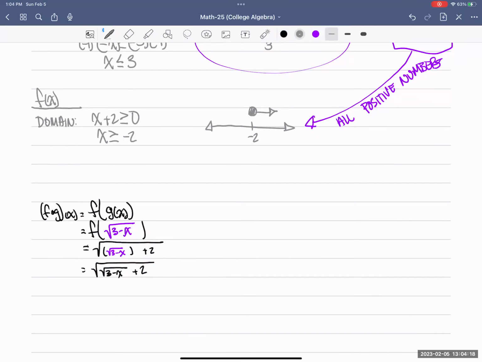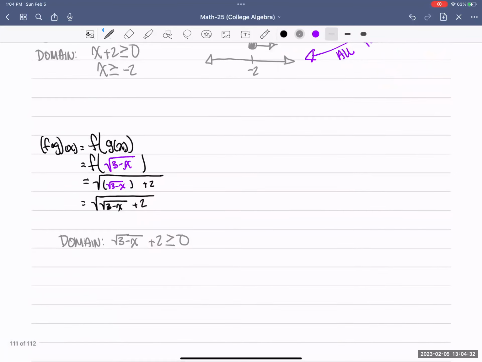So the domain here is going to be the square root of 3 minus x plus 2 is greater than or equal to 0. So now looking at this, we have the square root of 3 minus x is greater than or equal to negative 2. We've already restricted the domain to be numbers less than or equal to 3.